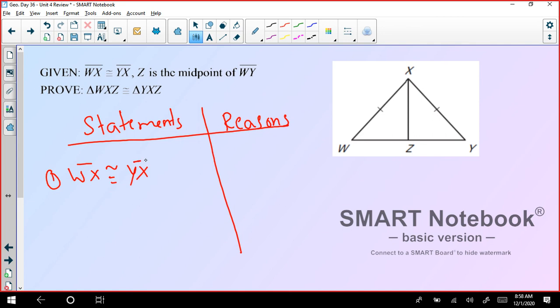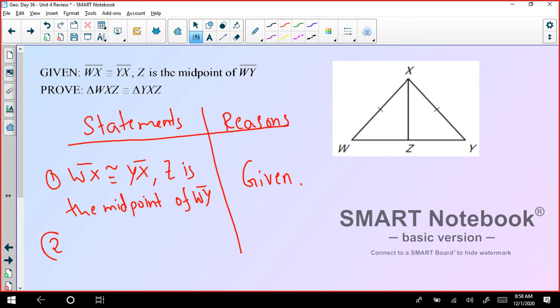WX is congruent to YX and Z is the midpoint of WY, which was given. In the second step, Z is the midpoint of WY.